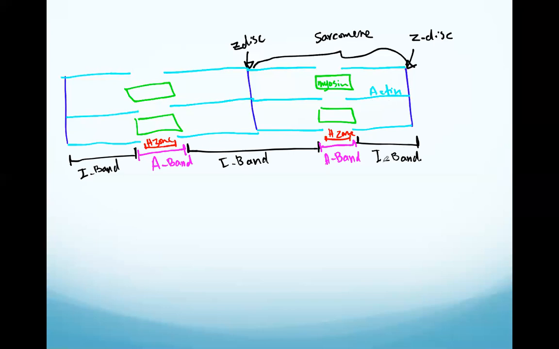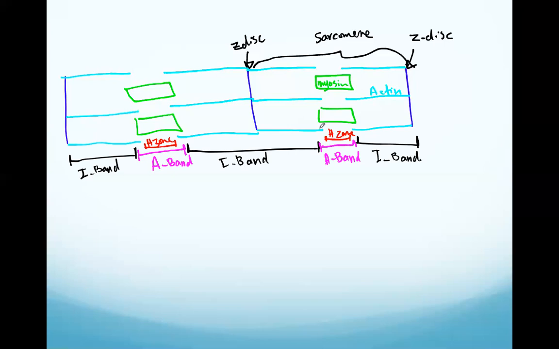At the same time, my I band, which is only actin, is also going to shorten because the only region that was I band was pure actin, and now that actin gets pulled into the myosin, making your I band also smaller. Now, A band was the length of the myosin, right, which also overlapped with the actin.